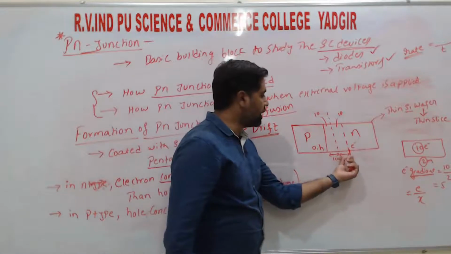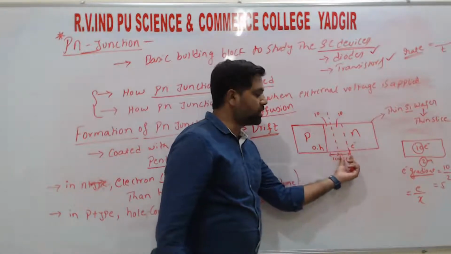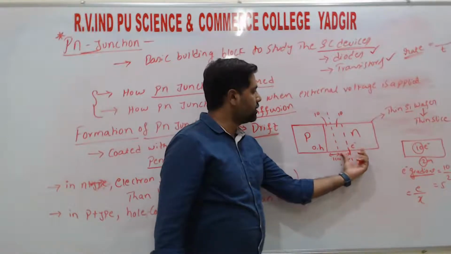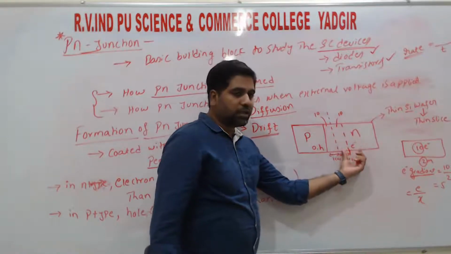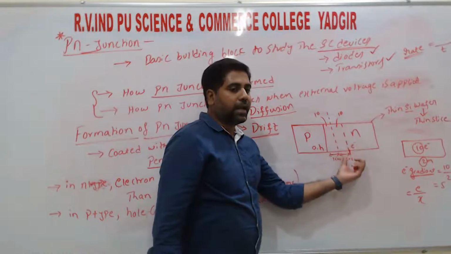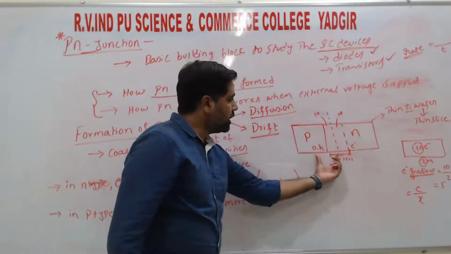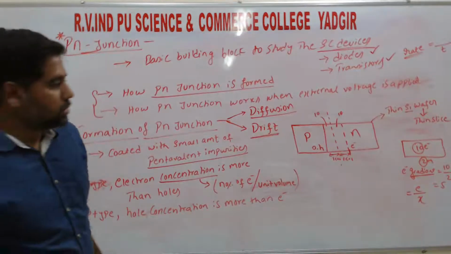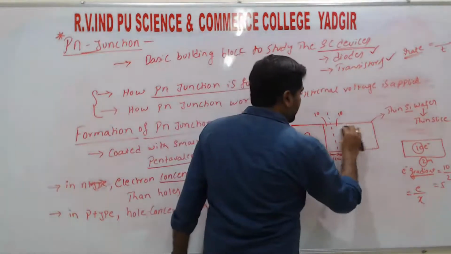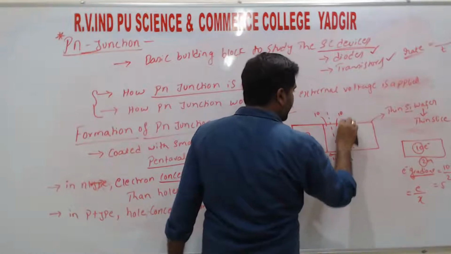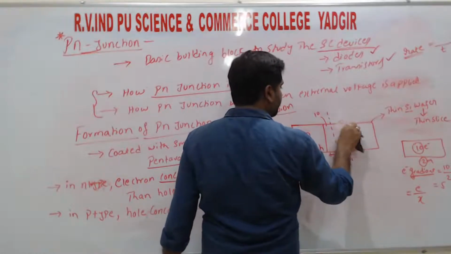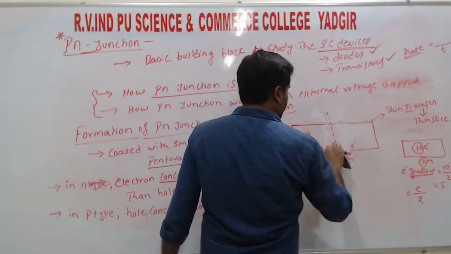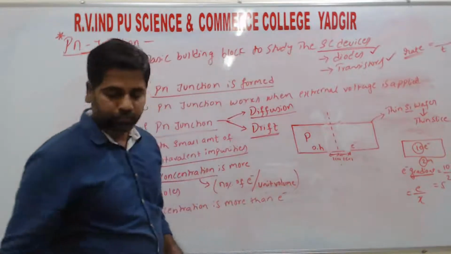That is nothing but the gradient, the number of electrons present in that length. So if we consider 2 meters, then the number of electrons present in this 2 meters, we call the electron gradient. Similarly here, the hole gradient, right? So in both cases, the gradient is the same. So next, what happens?